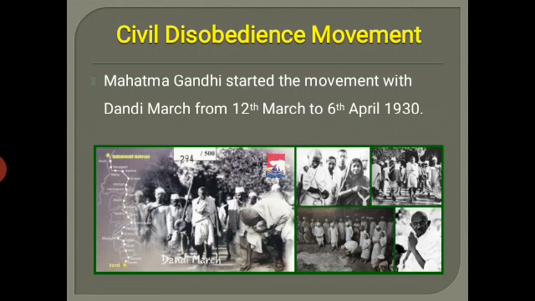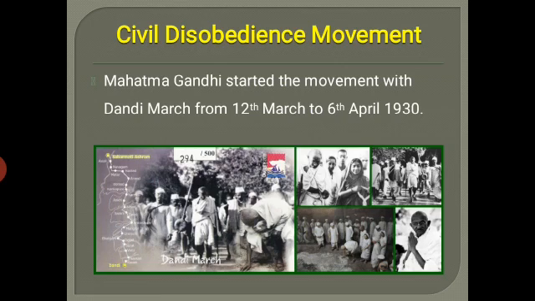Students, one question arises here: how was this movement different from the non-cooperation movement? Listen, people were now asked not only to refuse cooperation with the British, as they had done in 1921-22, but also to break the colonial laws. Thousands in different parts of the country broke the salt law, manufactured salt, and demonstrated in front of government salt factories.